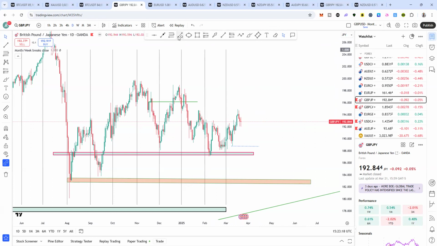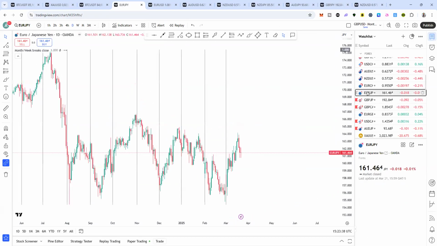A break of price on this support will make me look for when price will bottom again before I start buying again. But for me, I'm seeing this as a minor pullback before we push up and break this resistance around here.